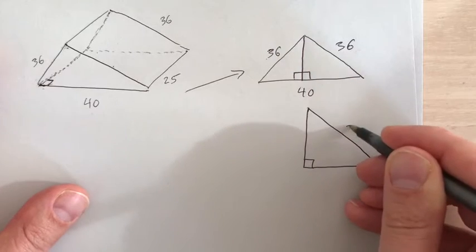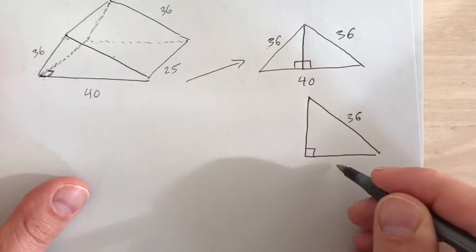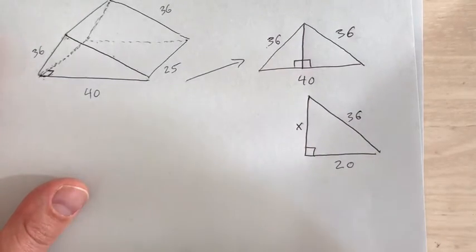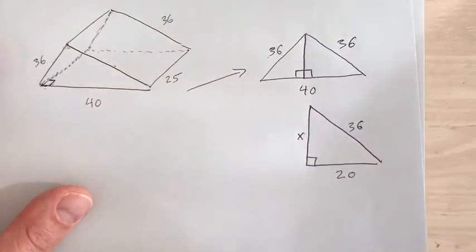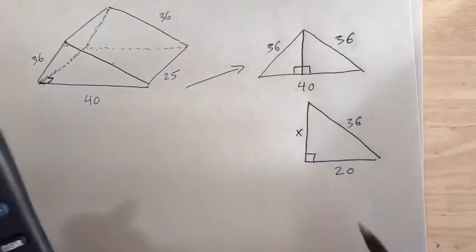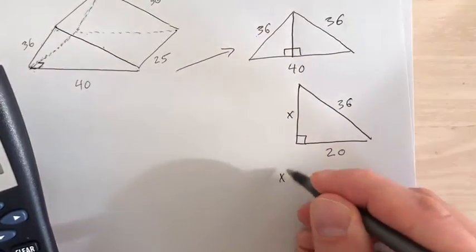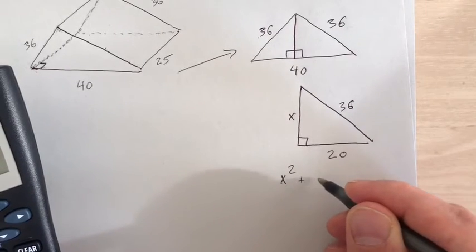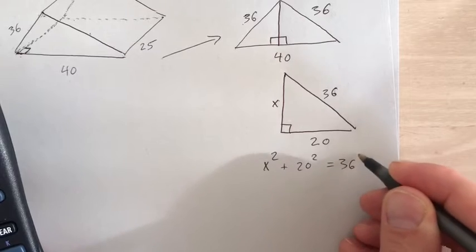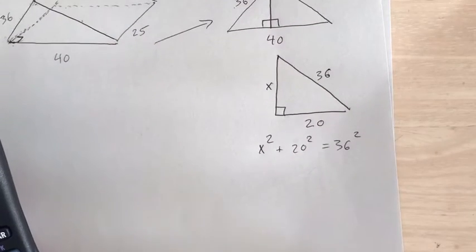So you would have 36 and 20 here on the bottom, and then you could finally figure out what that height is. Once you know the height, getting the area of that triangle would be much easier. Just a quick reminder, in the Pythagorean theorem, the legs become the A and the B of the formula, and the hypotenuse is always the C of the formula.